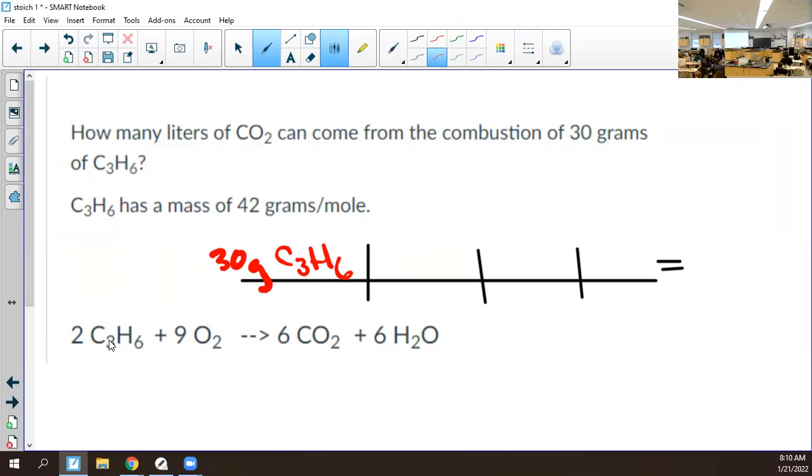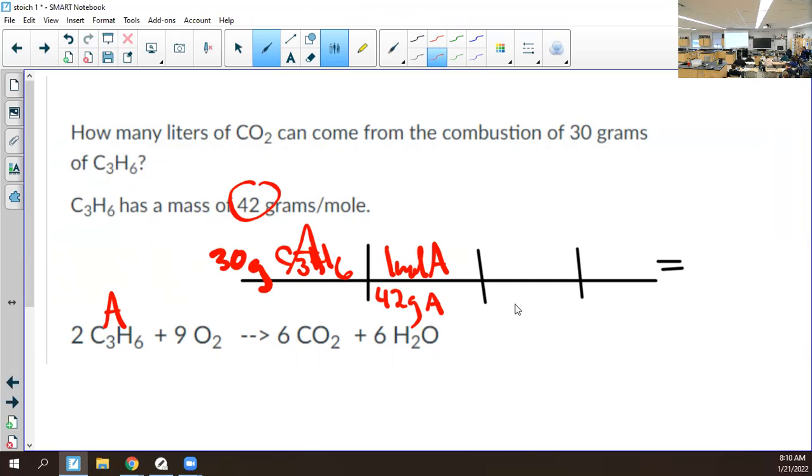You okay if I just change that to A? Everyone all in favor of that? So then it tells me that that's 42 grams per 1 mole of A, which means down here I have mole of A, which I have a 2 in front of.